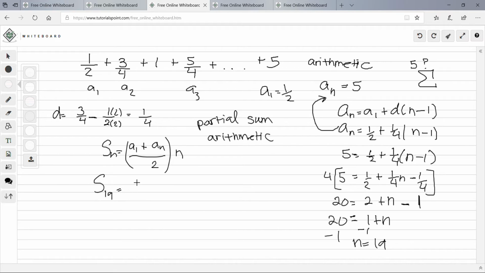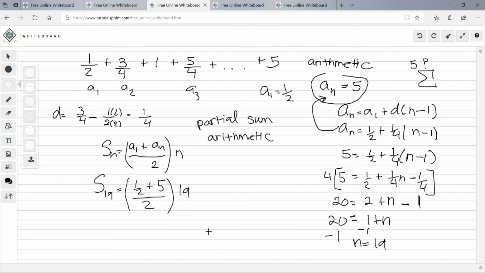So we know that n is 19, so we're going to say S19 equals first term, which is 1/2, plus the nth term, which is 5, right? Our nth term is this one. It's divided by 2 times n, which is 19.